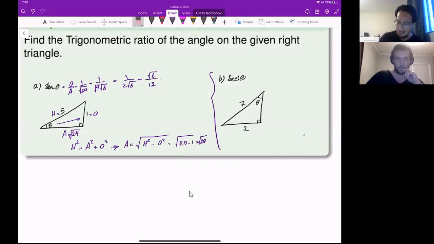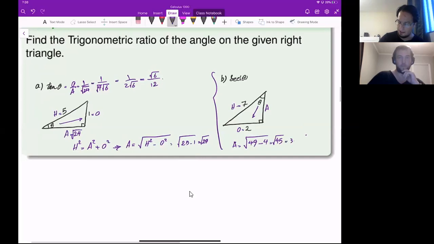Okay, here. So this is theta. The opposite side will be this. Adjacent is this one. H is this. So from there, we can find A, which is 49 minus 4, and that is 40. Yeah. Well, actually, this is a nice number.